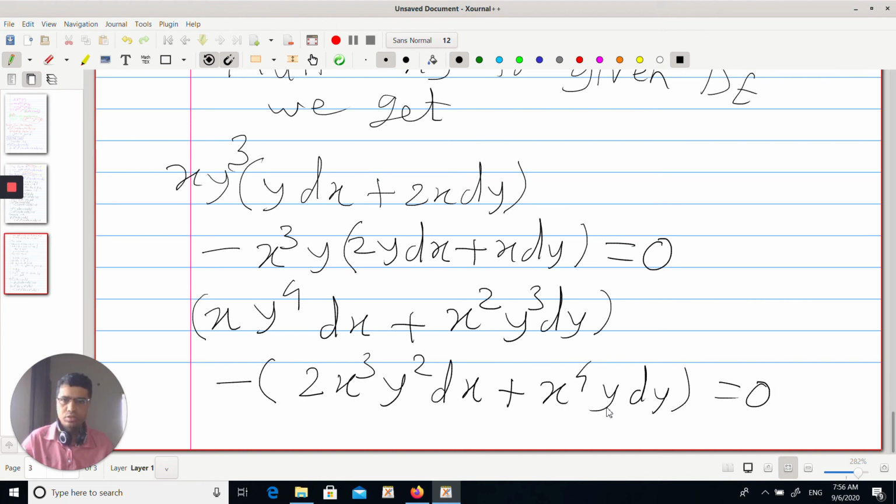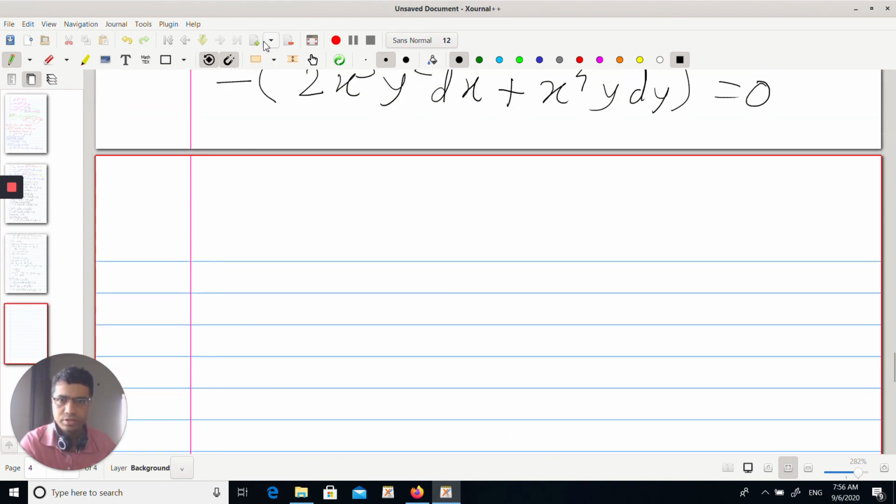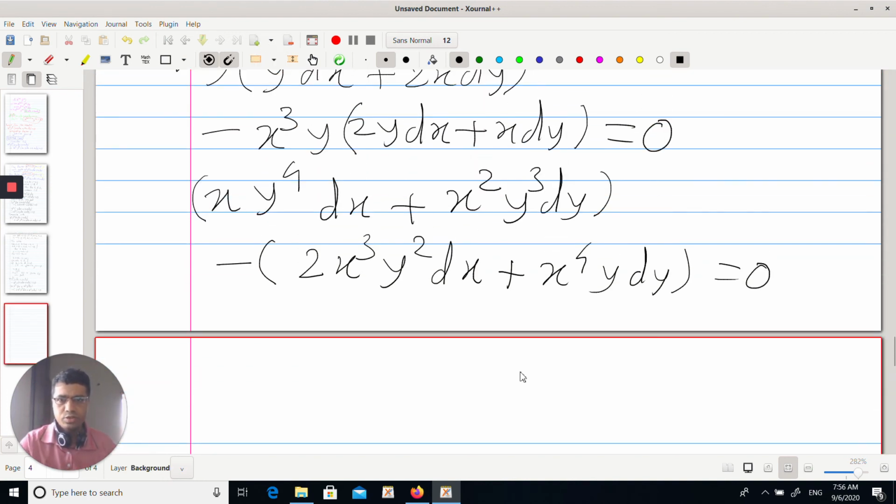Now the first is a total exact differential of some term. If we check the differentiation of x raised to 2 into y raised to 4, the important term here is x raised to 2 y raised to 4.